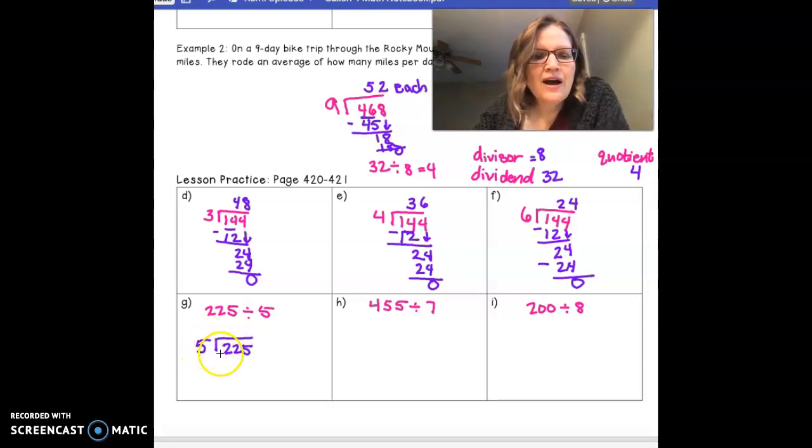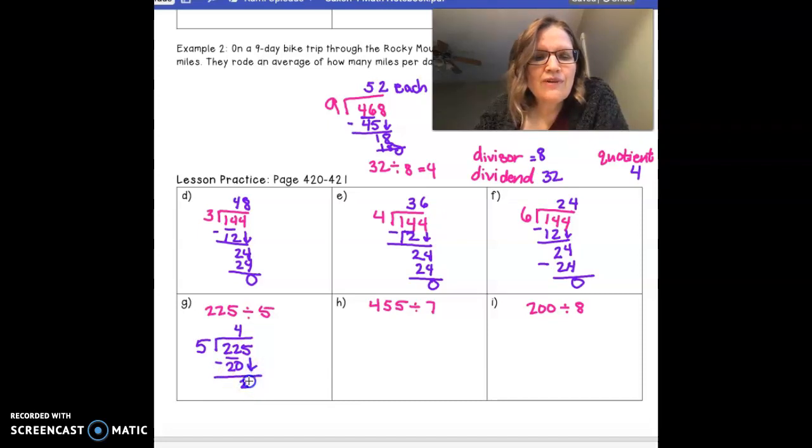225. 5 cannot go into 2, so we've got to look at 22. 22 can be divided by 5 4 times. 4 times 5 is 20. Subtract 20. We have 2.